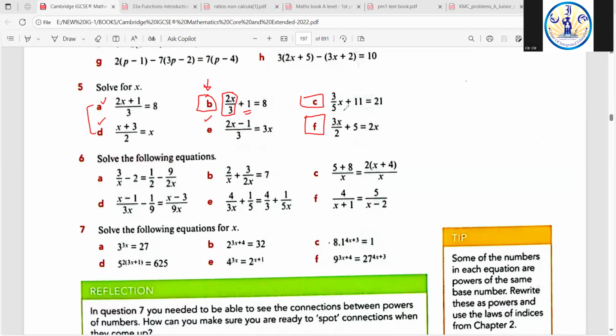So the difference is when we would be solving them, in all of these types, we can shift this 3 to the other side of the equality and get it multiplied with 8. This could be taken on the right side and 2 gets multiplied, and in this case we can take this 3 to the other side and get it multiplied with 3x. But it cannot be done directly in these parts because these are not containing the single fraction.